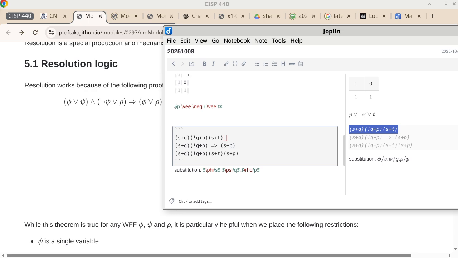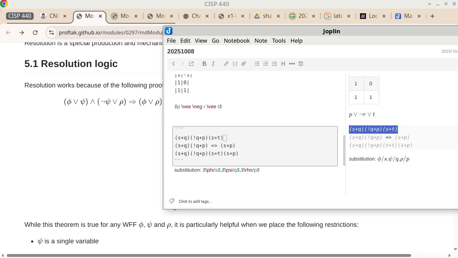And then between not Q or P, I know at least one side has to be true, but we don't know which side or whether they can both be true. And then between S and T, we also know that at least one side is true, but we don't know which one. Is that making any sense? So you cannot make a conclusion on the individual variable, but you can only look at the entire disjunction and say, yes, we know this disjunction is true, but we cannot infer which part of the disjunction is true.